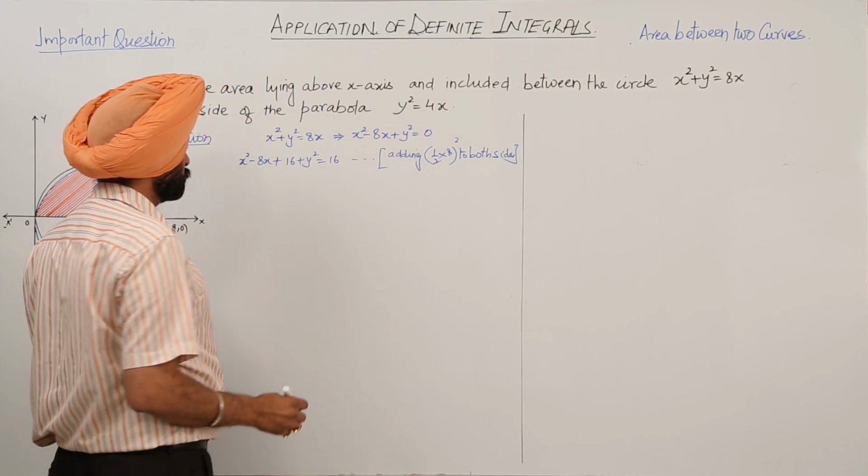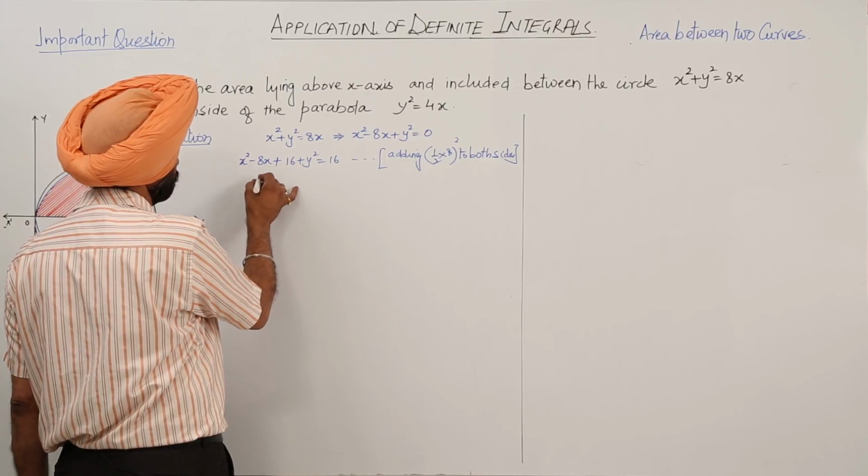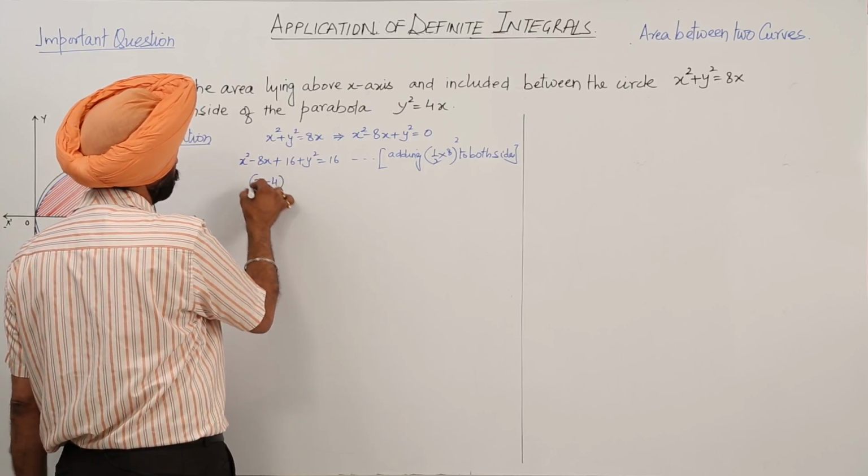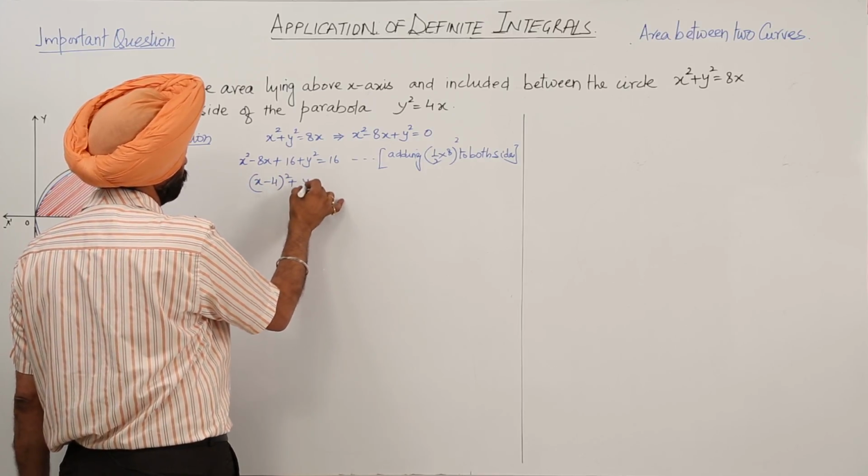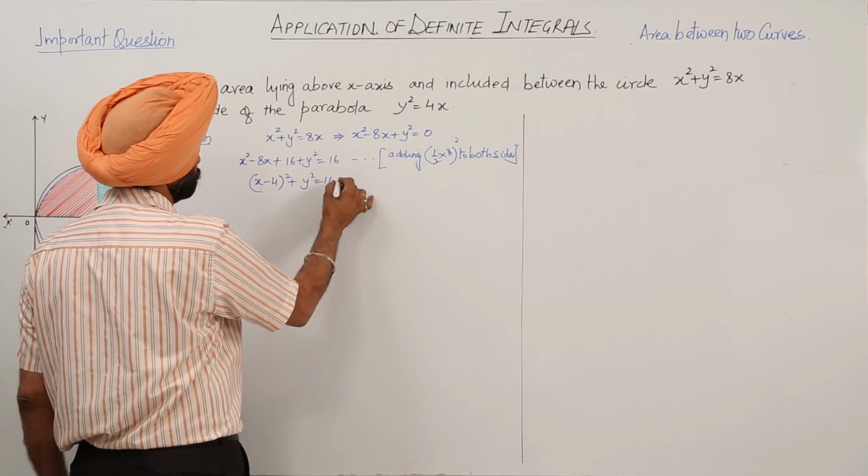Okay. So now what we are getting? x minus 4 whole square plus y square is equal to 16.